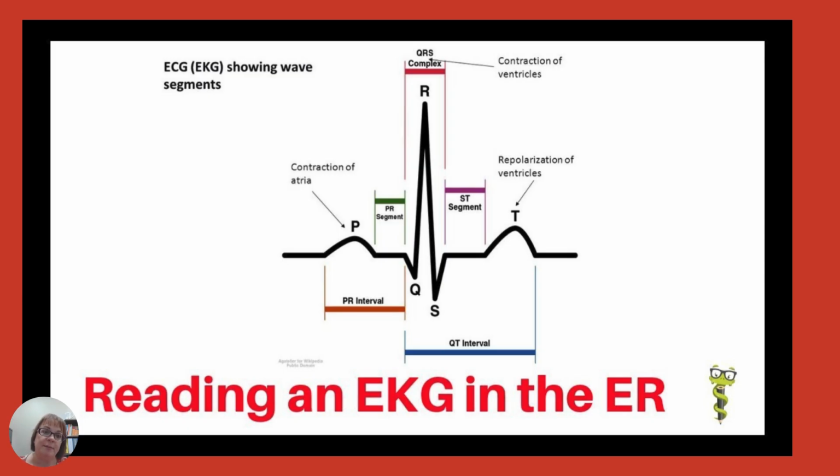So it's usually like an upside down V. The big V shape is your ventricles contracting. And then the repolarization is your T wave. This is where the ventricles are recharging again to get ready to pump. So you have a P, QRS, and T wave with EKGs.